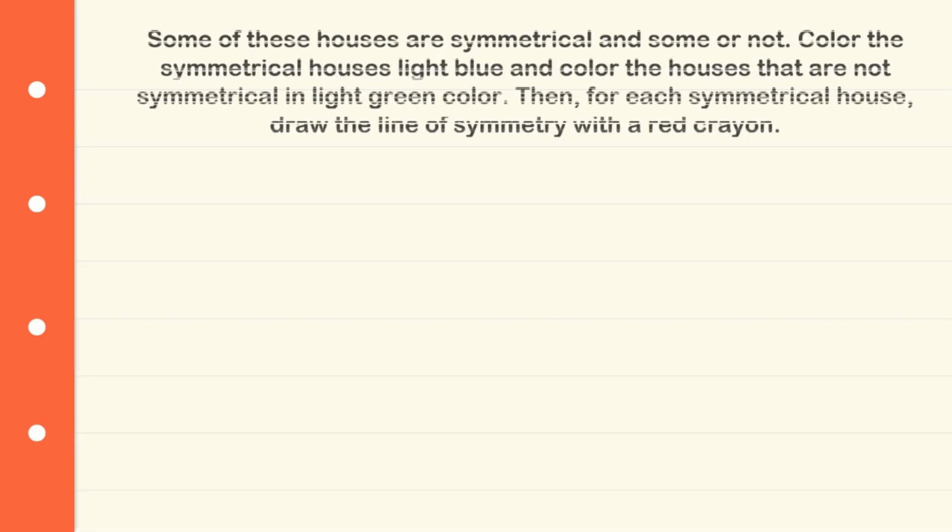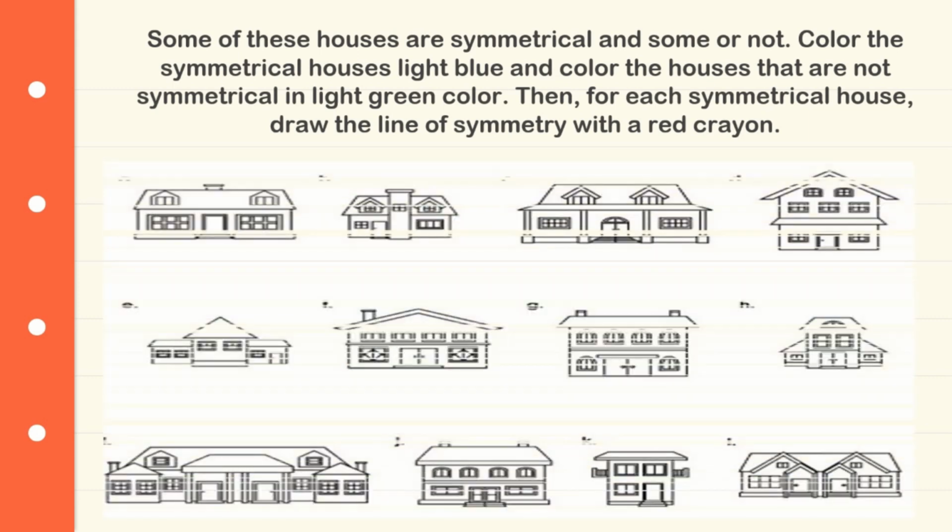Activity 11. Some of these houses are symmetrical and some are not. Color the symmetrical houses light blue and color the houses that are not symmetrical light green. Then, for each symmetrical house, draw the line of symmetry with a red crayon.